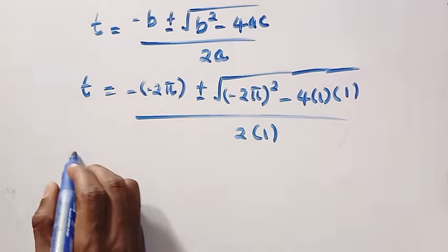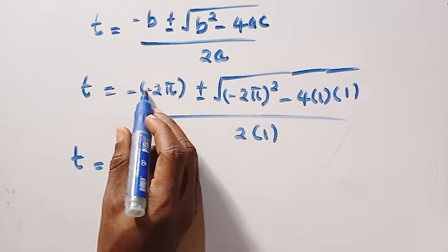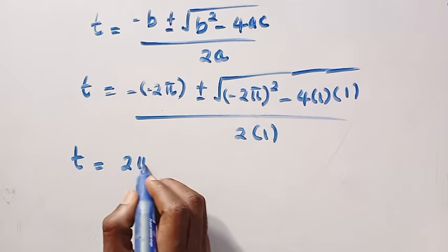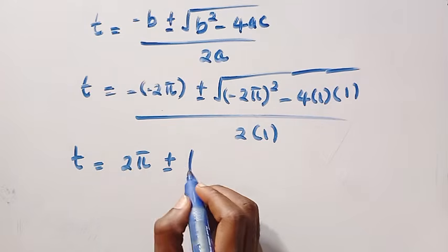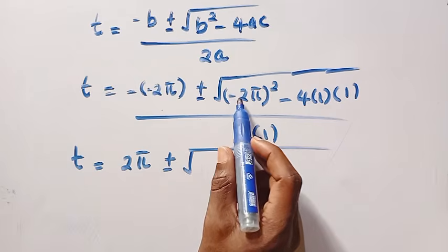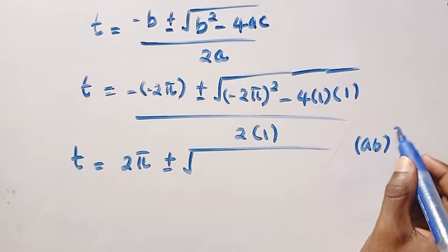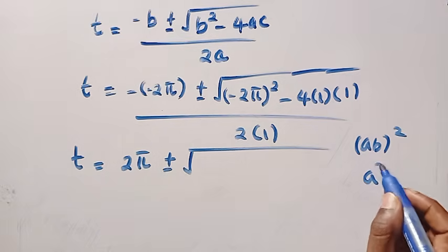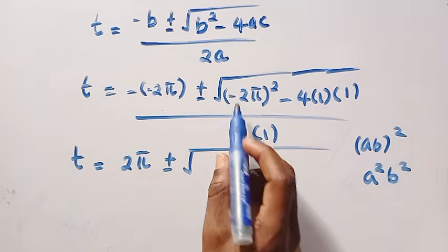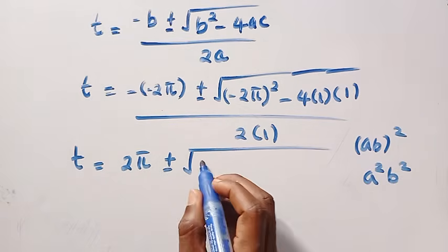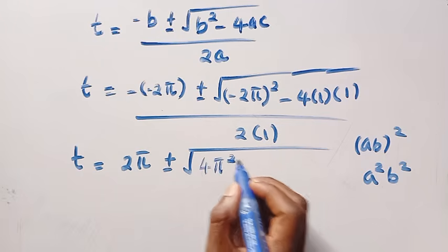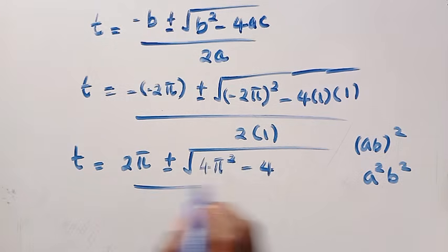Here we have t equals minus multiplied by minus, that is plus 2 pi, then plus or minus the square root of minus 2 pi squared. By the rule of indices, ab squared gives us a squared b squared, and the negative goes away because of the square. So we have 4 pi squared minus 4, divided by 2.